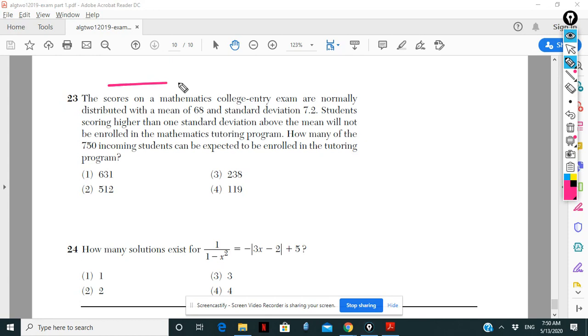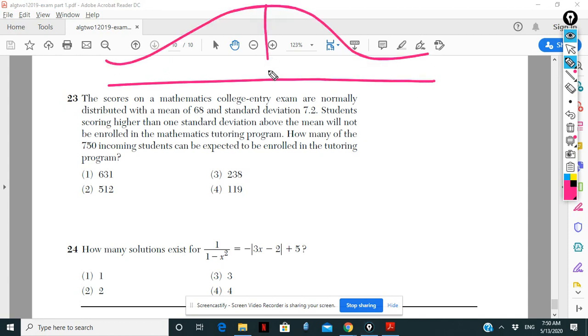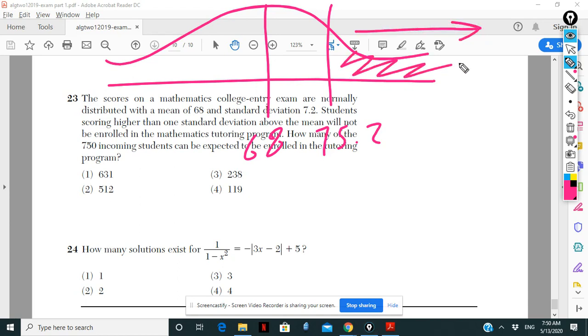So if you look, that's an easy one. Here's the normal distribution curve, 68 is the mean, and plus one standard deviation is 72.72. So whoever is scoring higher, this area is excluded, they will not be in the program. So I have to find this probability.